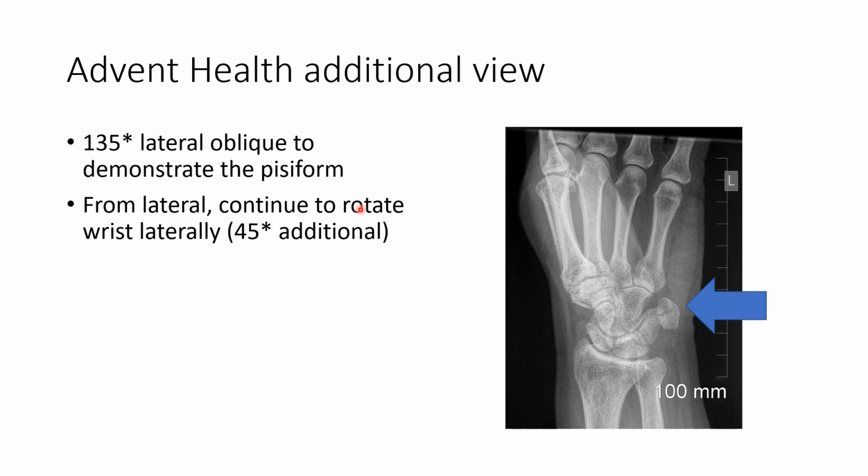So from lateral, continue to rotate laterally 45 additional degrees, and that's how from 90 with 45 we get the 135-degree lateral oblique. And it demonstrates this fractured pisiform. You can see here, and this particular view does an excellent job of demonstrating that. And this is typically in the Advent Health protocol.